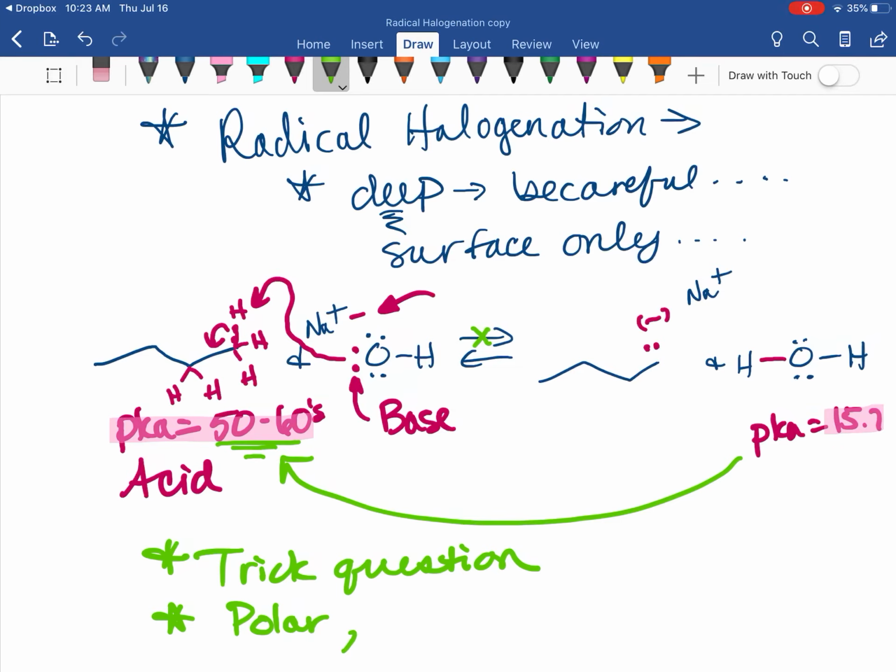And then I want to do a quick reminder, what kind of mechanism are we looking at here? This was our first mechanism, and it is polar. Do you notice we're moving 2 electrons at a time, and we're using a regular arrow to do that? So it doesn't mean we're totally screwed when it comes to alkanes, especially if you look at the world we live in.